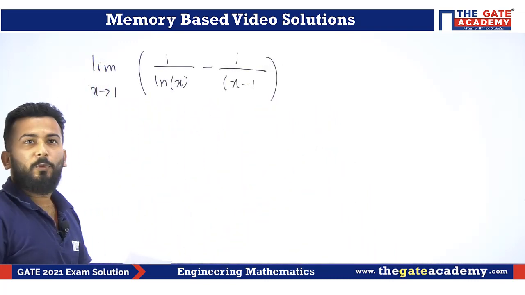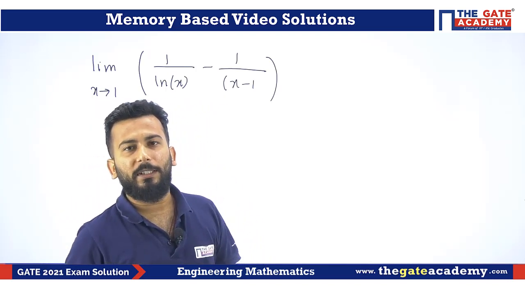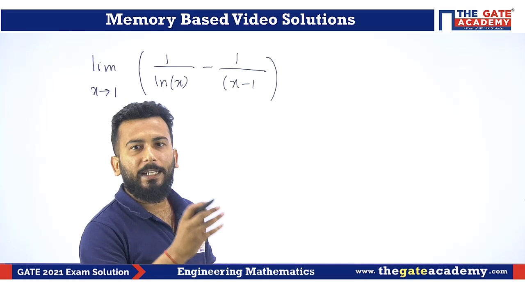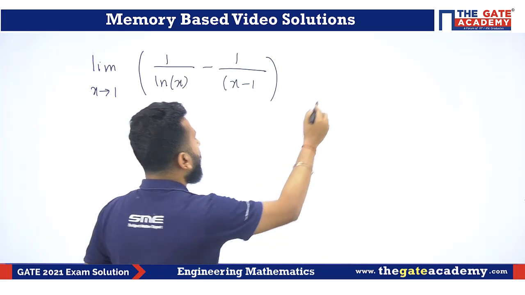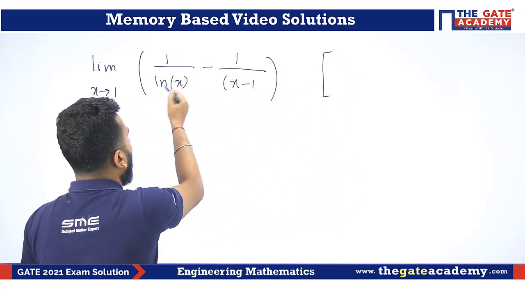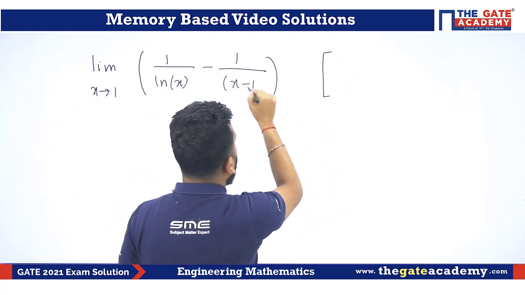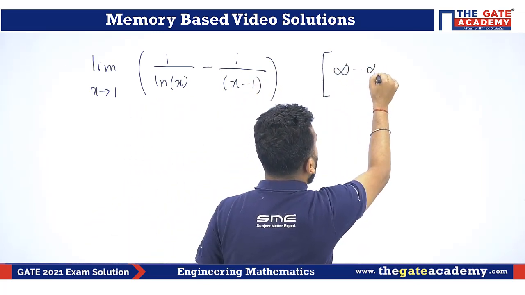Now this was a limit question that came in the forenoon session. What do you think about the question? Everyone knows that in any limit question, the first thing is to determine its form. If you put 1, it is 1 by ln of 1, which is 0, minus 1 by 1 minus 1, which is 0, so it's clearly an infinite minus infinite form.